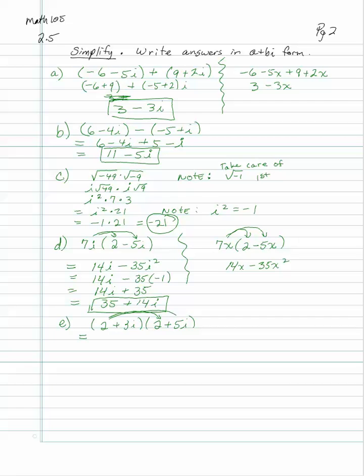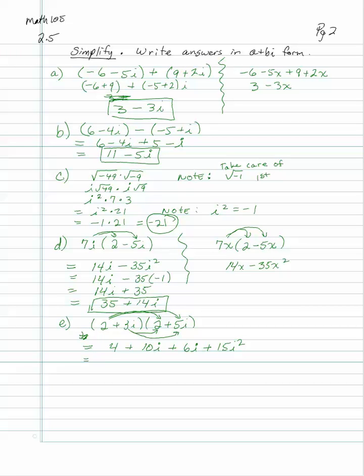Hopefully you're saying distribute or FOIL. And that would be correct again. So 2 times 2 is 4, plus 2 times 5i is 10i, plus 3i times 2 is 6i, plus 3i times 5i is 15i squared.